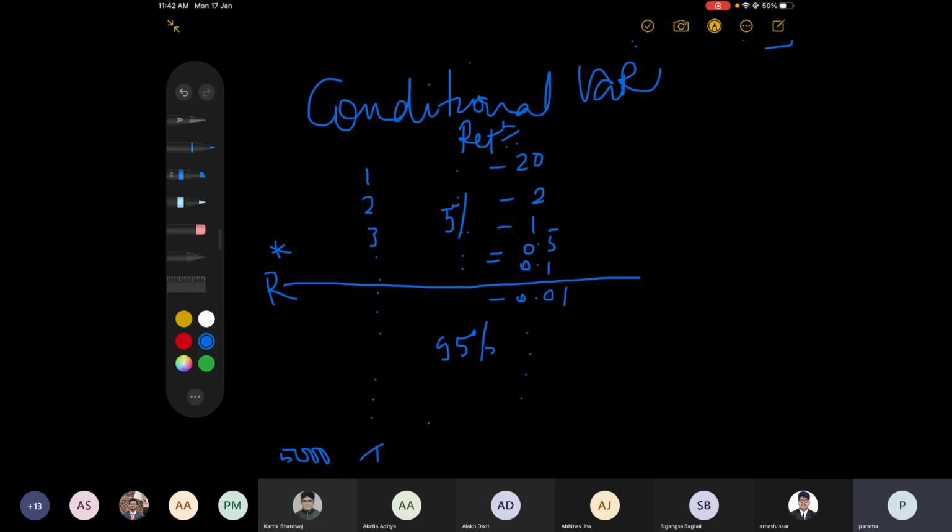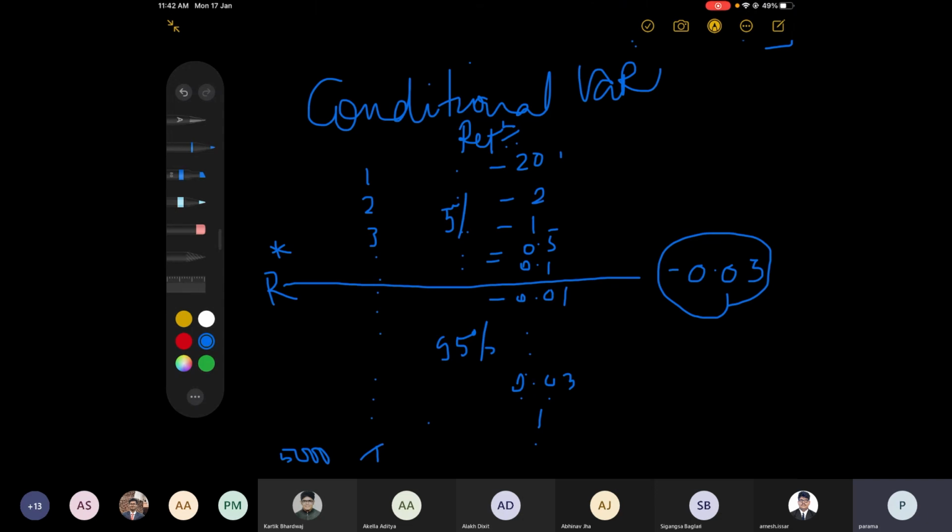Then slowly it will become positive also, 0.03 and all that. So our R star becomes maybe minus 0.03, and we say that our worst loss is this. The problem with value at risk is it completely ignored this minus 20, which, if it has happened once, might happen again also.